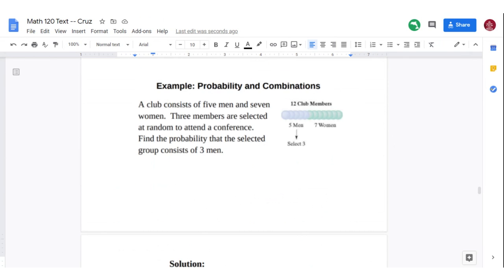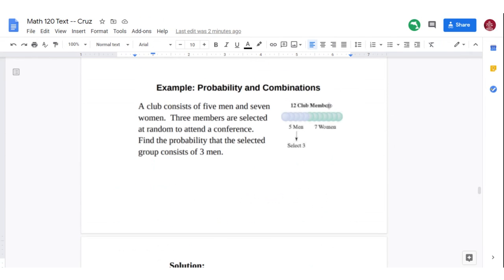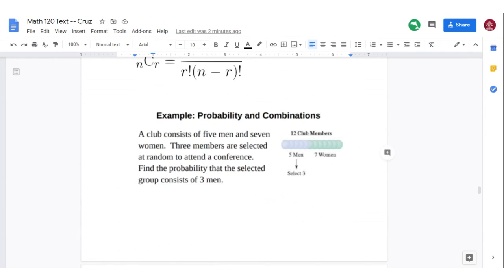All right, so we got 12 members we're picking from. And you got to think of it, we're doing this blindly. We're not doing it with any kind of favoritism, for the denominator at least, because you're taking 3 and pulling out at random.